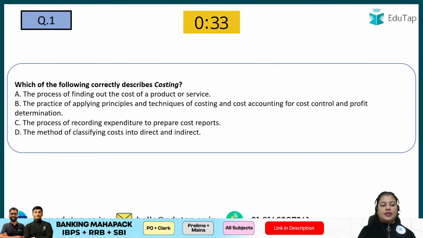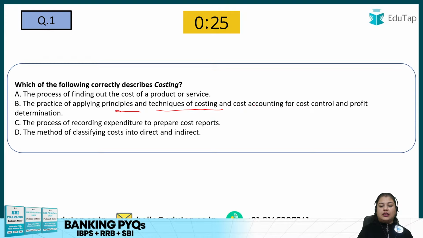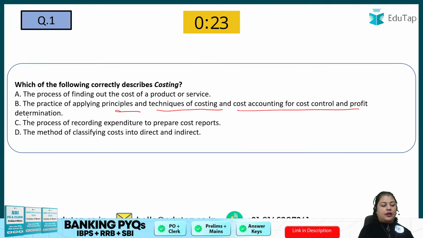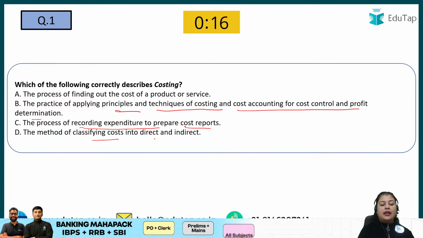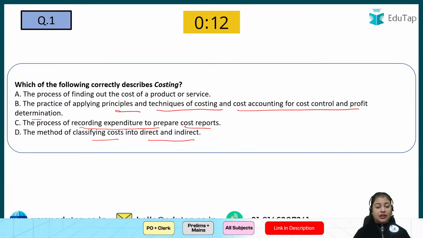A, the process of finding out the cost of a product or service. B, the practice of applying principles and techniques of costing and cost accounting for cost control and profit determination. C, the process of recording expenditure to prepare cost reports and the method of classifying the cost into direct and indirect. So which of the following is the best statement?